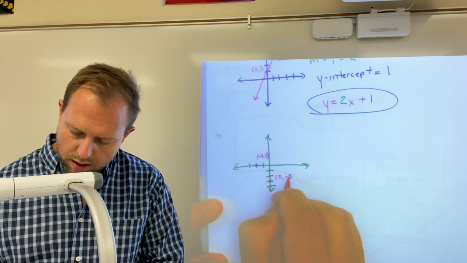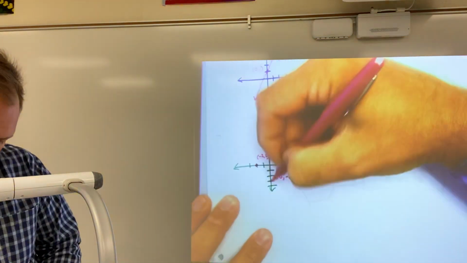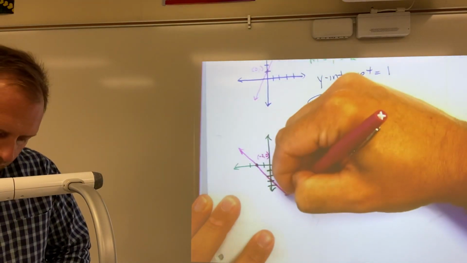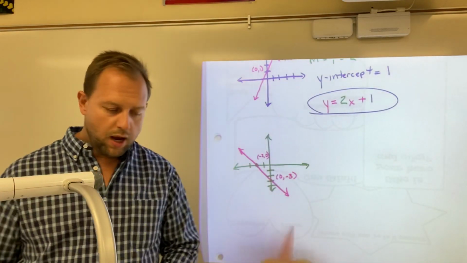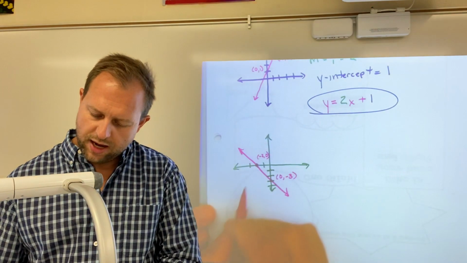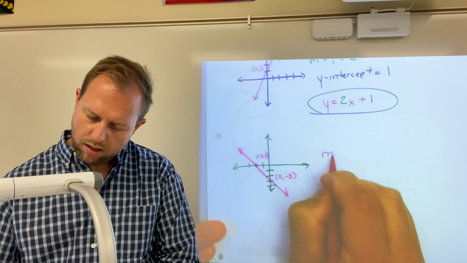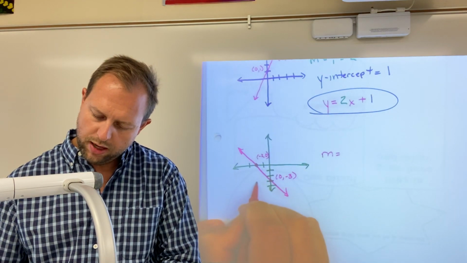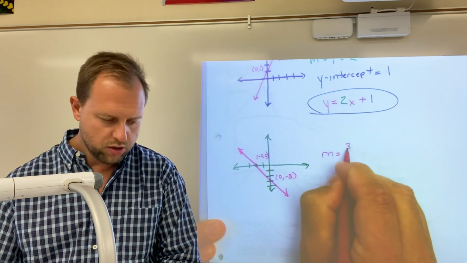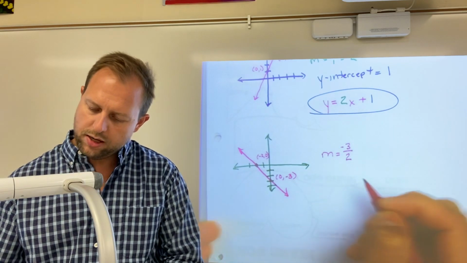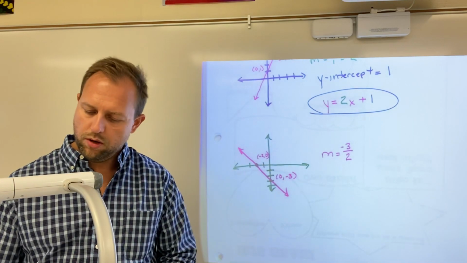Scoot over so I can bring in this line fairly well. Okay, our slope of this line, we go down 3 and over 2. So our slope is a -3 for the down and over 2.